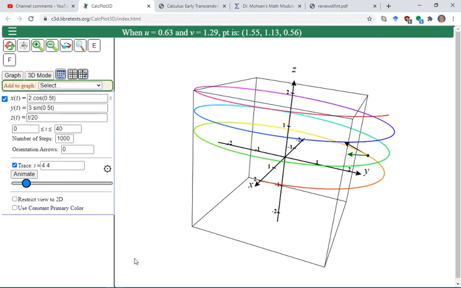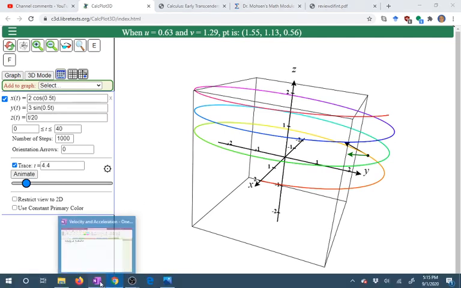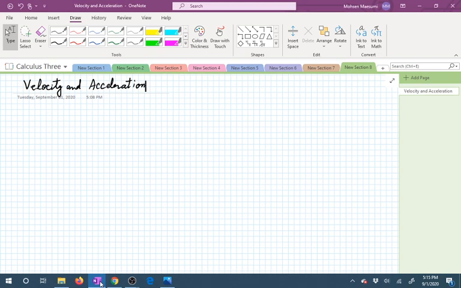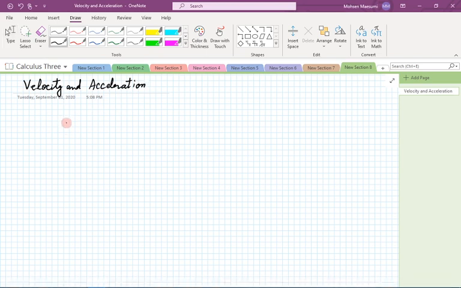So let's take a look at this simple issue. We have a particle that is in 2 dimensions or 3 dimensions. Actually, it could be 1 dimension as well. Suppose I have a particle just like what I showed you, traveling in space.